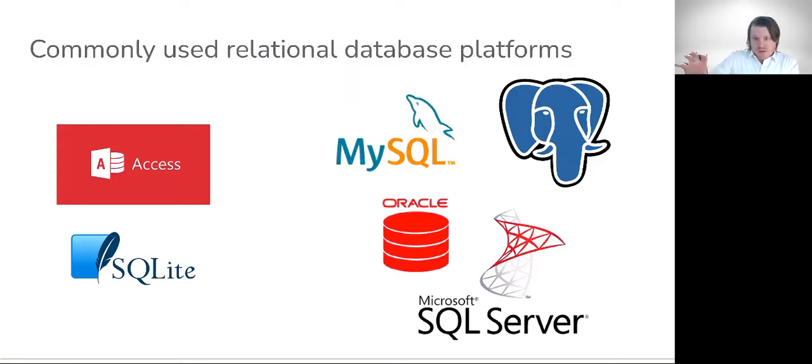The more production level relational databases would be things like MySQL, Postgres, Oracle, which would be proprietary. Same with Microsoft SQL Server, which is also proprietary. MySQL and Postgres are both freeware, so you can download them and use them.